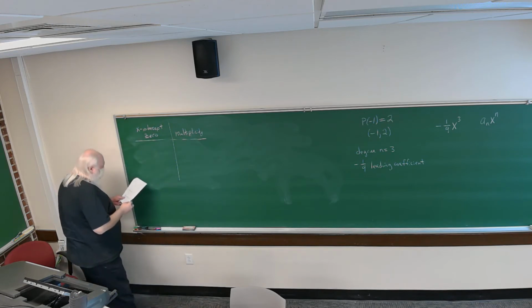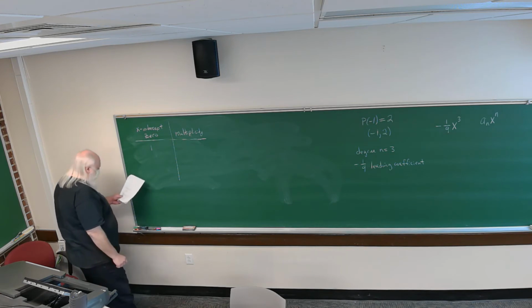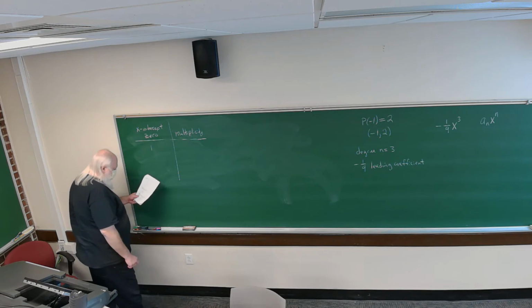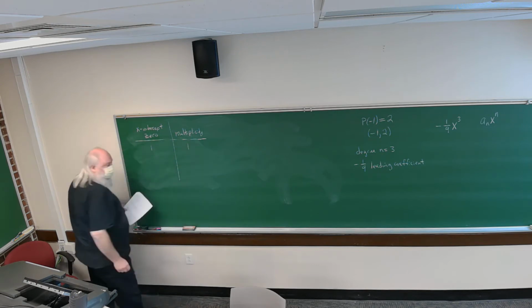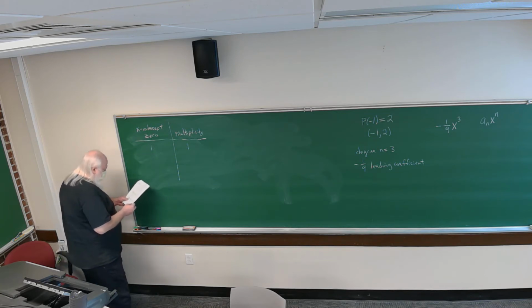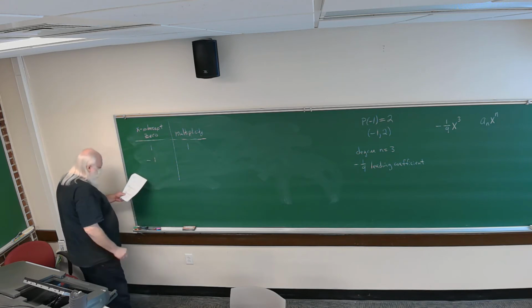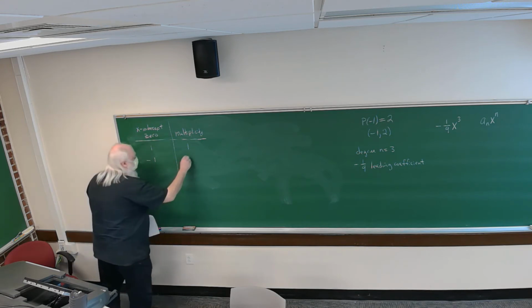So the x-intercept at x equals 1 has a multiplicity of 1, okay? Then we have an x-intercept at x equals minus 1, and it has a multiplicity of 2.